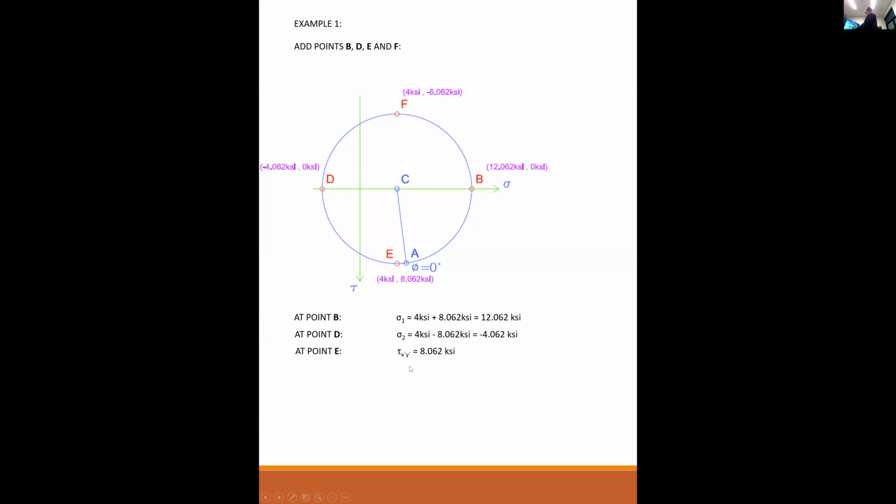Point E, tau x prime y prime, is 8.062. That's the positive one here. And at point F, tau x prime y prime is minus 8.062. That's the negative one up here. So these represent the extremes of the maximums and minimums for normal stress and shear stress.